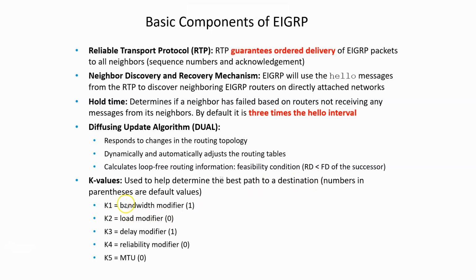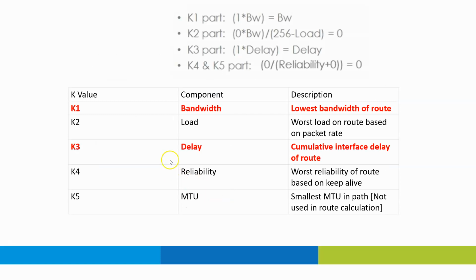The values are bandwidth K1, load modifier K2, delay K3, reliability K4, and K5 MTU. K5 MTU can be a tiebreaker, but when you look at the show command, only K1 and K3 had a value other than 0. This is a multiplier, not the metric, but the multiplier of the metric.